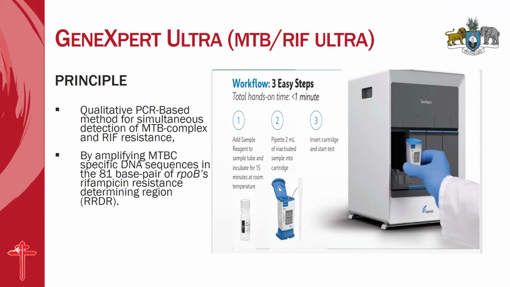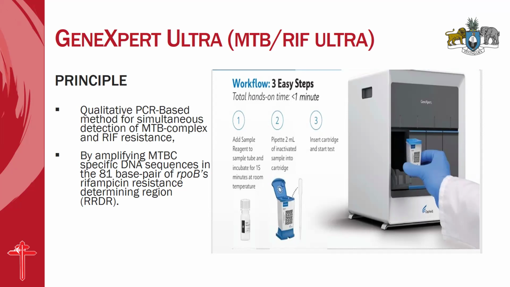It acts by amplifying the MTB complex specific DNA sequences in the 81 base pair of the rpoB rifampicin resistance determining region. So it amplifies the regions for the rpoB. So it tells you if it has detected the resistance or not for the rifampicin drug.